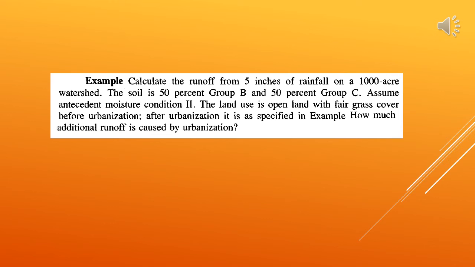The land use is open land with fair grass cover before urbanization. So this is before urbanization. Then after urbanization, it is as specified in the previous example. How much additional runoff is caused by urbanization? So we are going to calculate how much additional runoff is caused by urbanization with impervious land use.